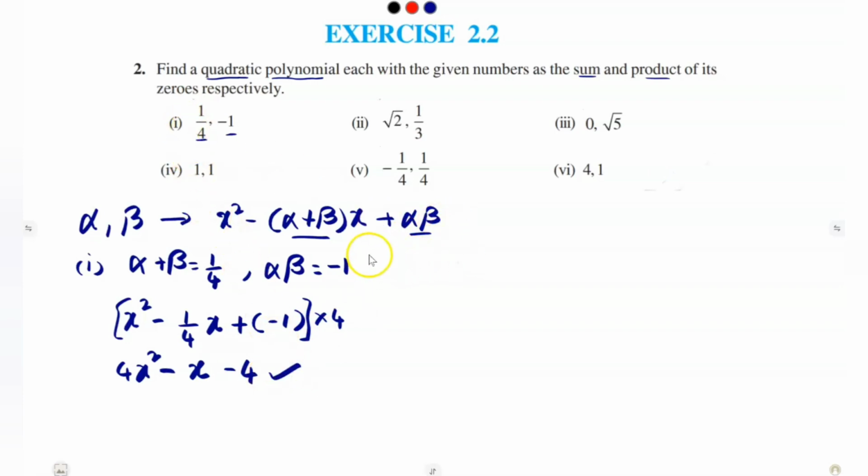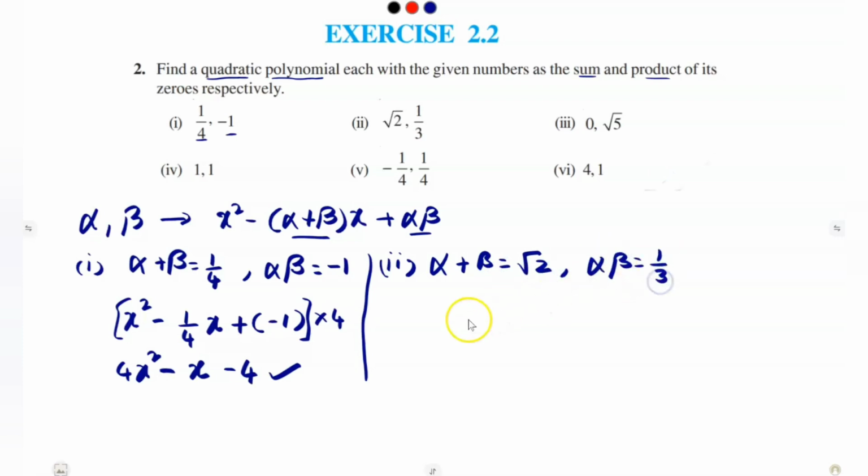So coming to the second one. Here the sum of the zeros is given as square root of 2 and the product of the zeros is given as 1 by 3. Let us substitute these values in the quadratic polynomial. x square minus (alpha plus beta), which is square root of 2, so square root of 2 x, plus alpha into beta, which is 1 by 3.